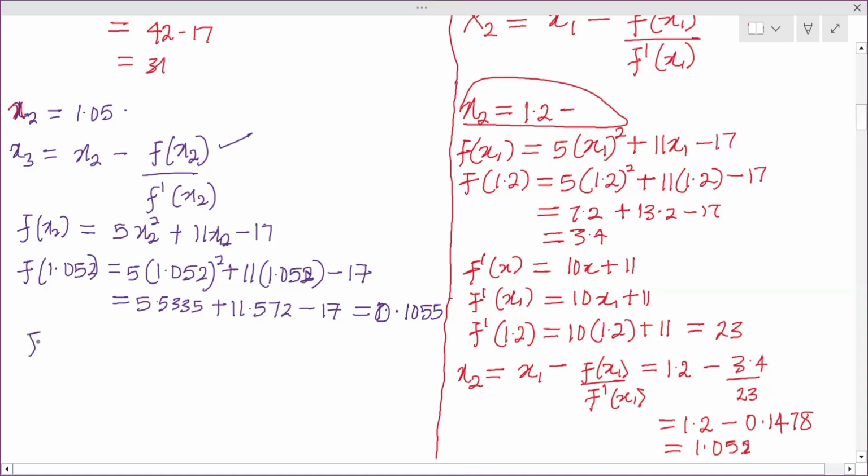Also f prime of x2 will be equal to 10x2 plus 11. Is that correct? So f prime of x2, at 1.052, is equal to 10 into bracket 1.052 plus 11.